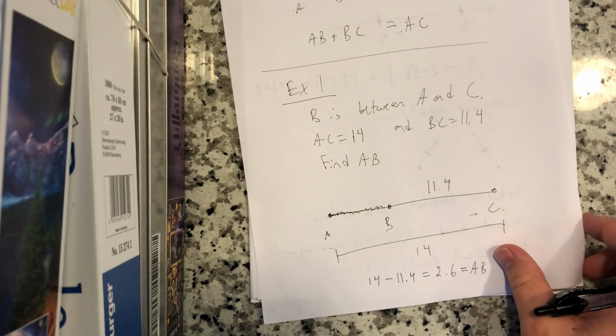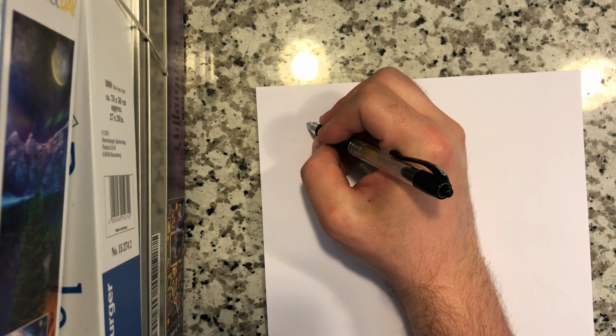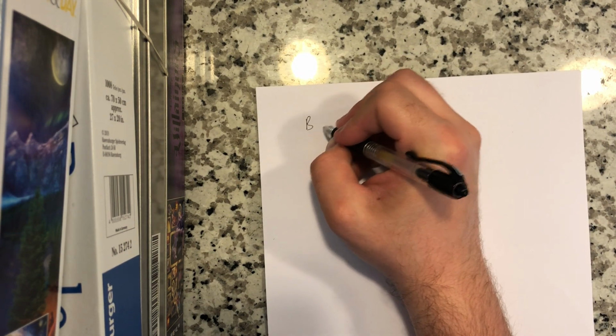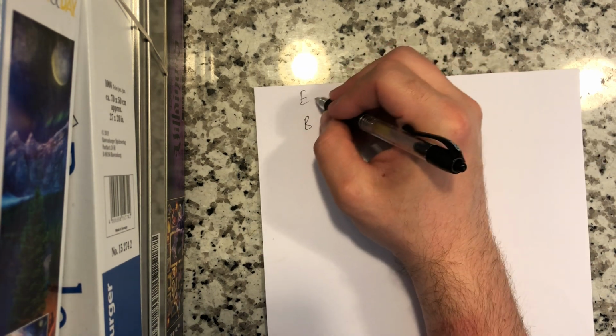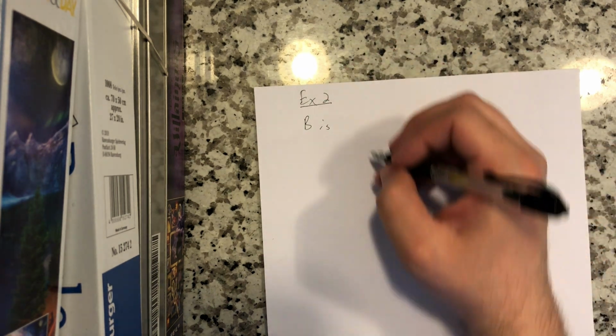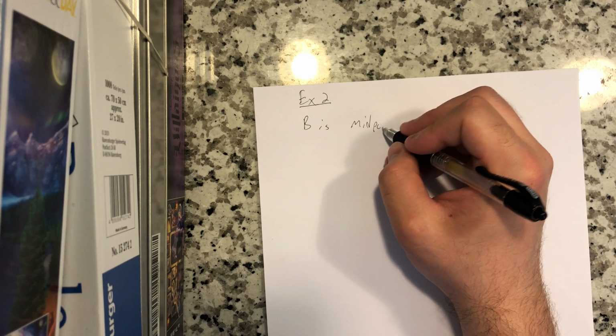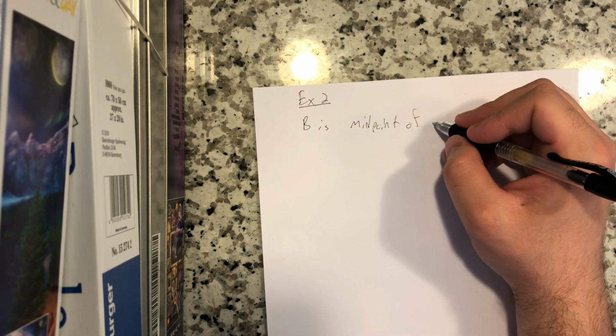All right. There's one more type of example we want to talk about here, and that is the example with midpoints. So let's say B is the midpoint. So this is example 2. B is the midpoint of segment AC.